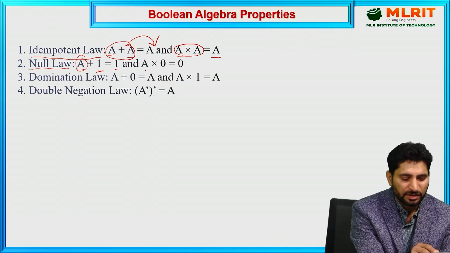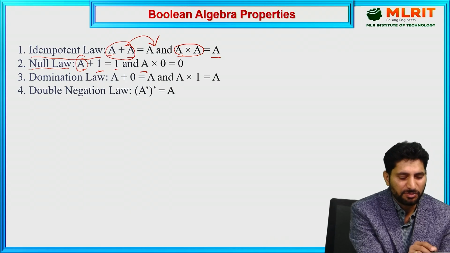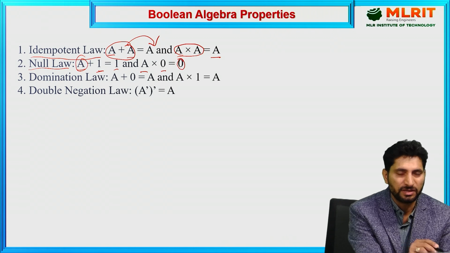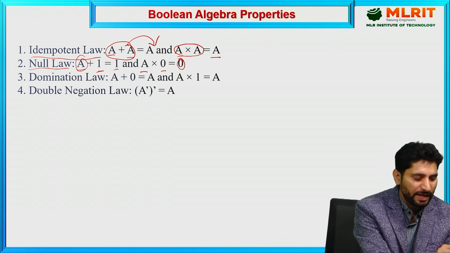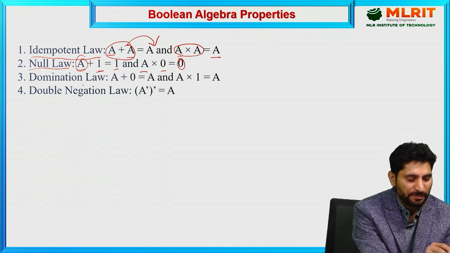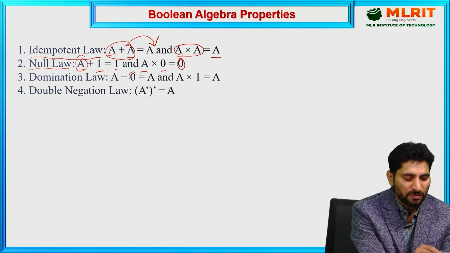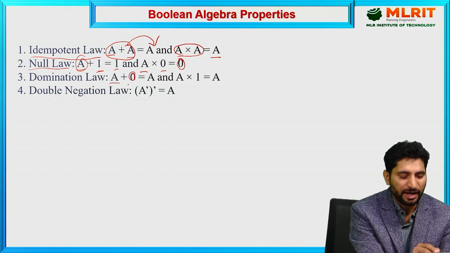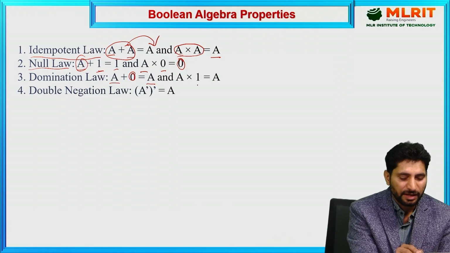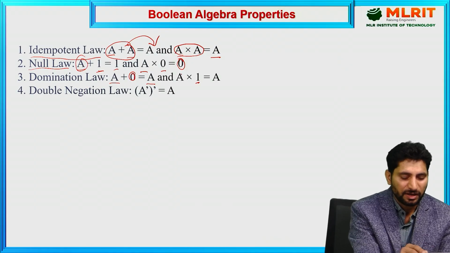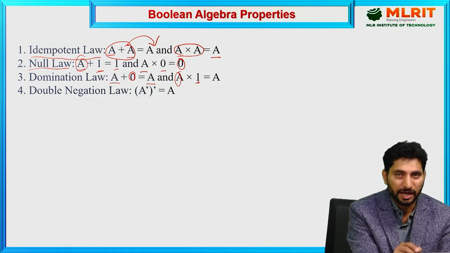And if you multiply any variable A with 0, we'll get 0. Next, the domination law. As per this law, if you add 0 with some variable A, we'll get A, and if you multiply 1 with variable A, we'll get A.